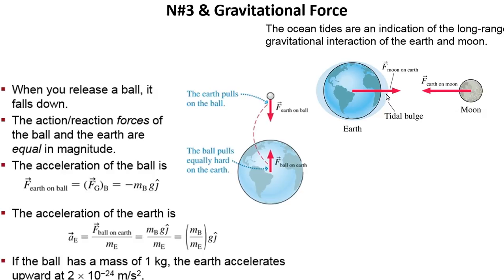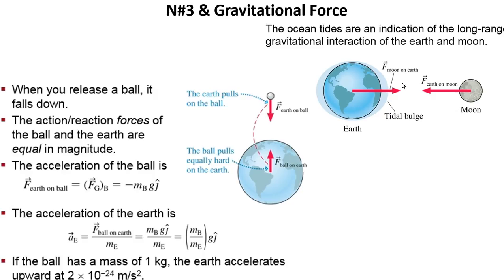But what's interesting, though, is the tidal bulge that comes up on the Earth because of the great amount of water that our planet has, and the result of that is that the water close to the moon gets pulled towards the moon, and the water furthest away from the moon bulges out, and so you get a bulge inward and a bulge outward, and that was one of the indications to Newton that there was a Newton's third law.